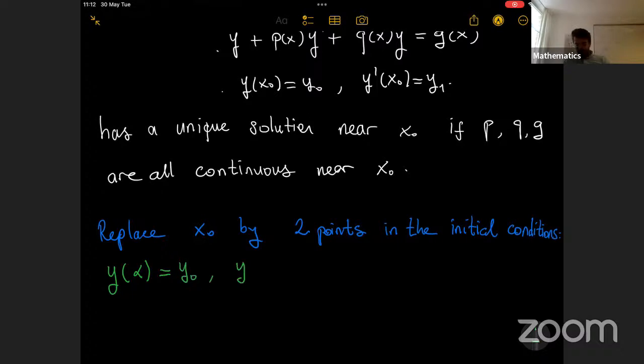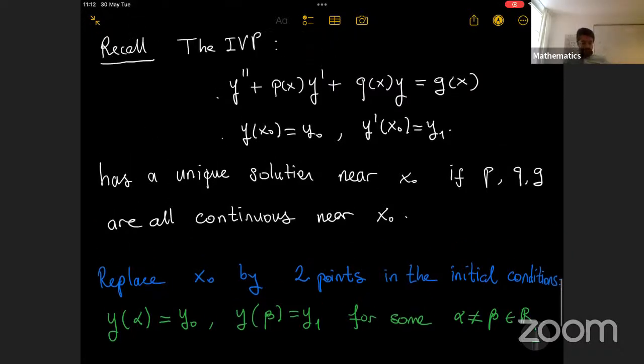And the other point is beta. y of beta is equal to y1 for some alpha different from beta, and they are both real numbers. So you replace 1 point by 2 points, and it becomes a 2-point boundary value problem.